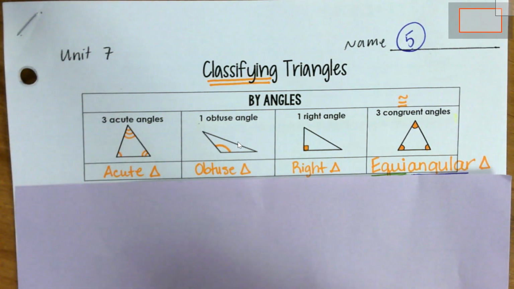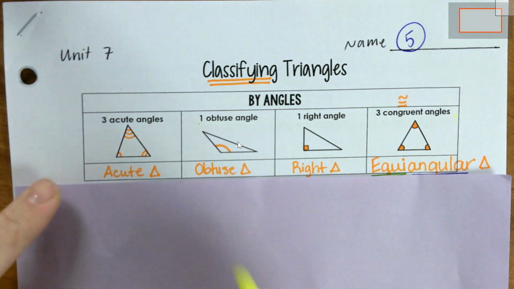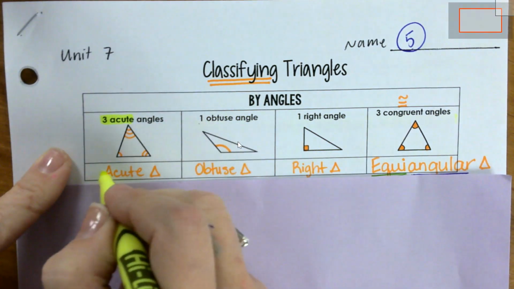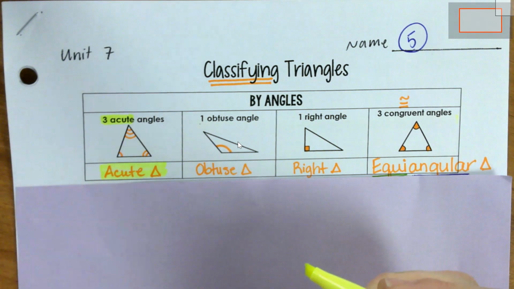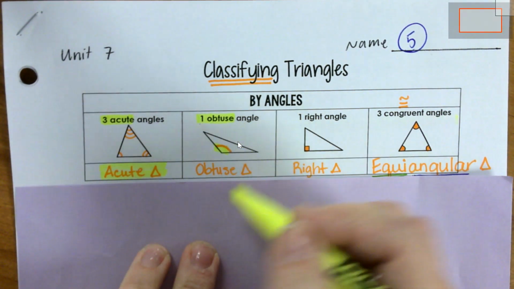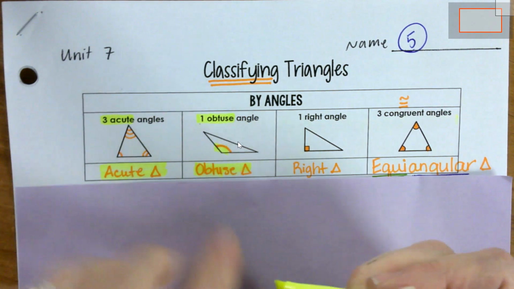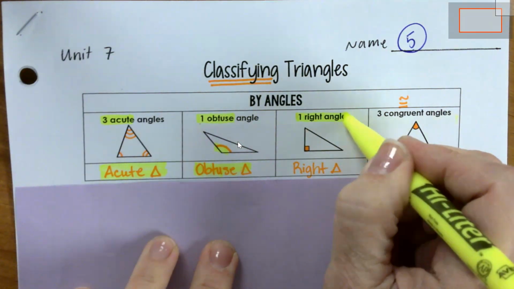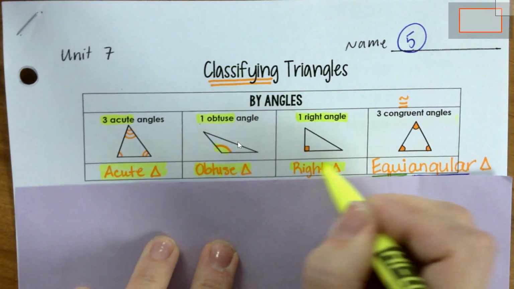So a couple of things to keep in mind is that if all three angles are acute, we call it an acute triangle. If we have one obtuse angle, it's an obtuse triangle. The other two angles will be acute. If we have one right angle, it is a right triangle.